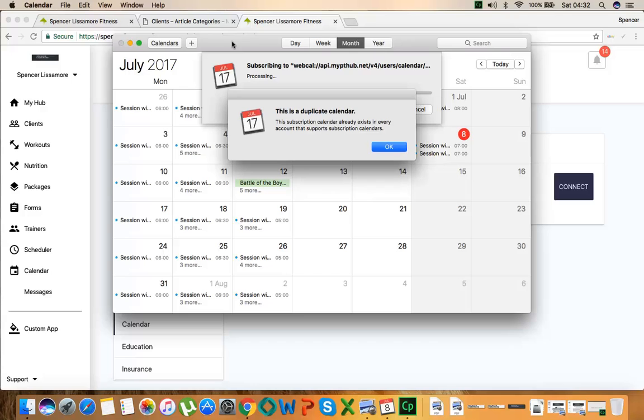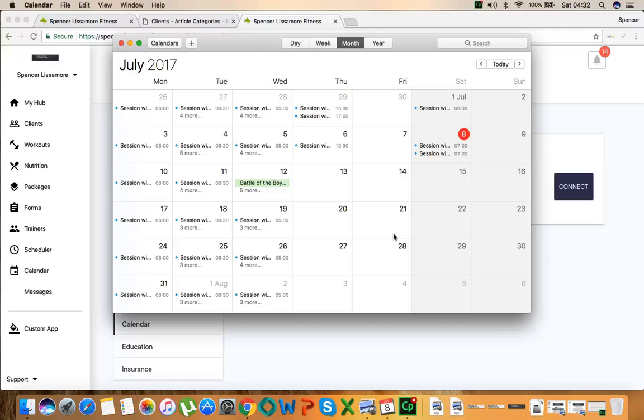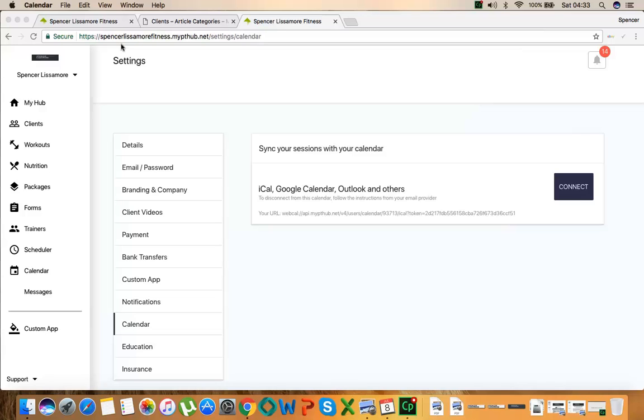Lovely. That's a duplicate because I've already done it, and as you can see, that's automatically synced to my Apple Mac calendar, which is also automatically synced to my Outlook calendar on my mobile device. This gives it that uniformity, everything's in sync, everything's in flow, and me being that kind of orientated person, I love it. If it's not Apple, it's not me, but that's just the way I am.